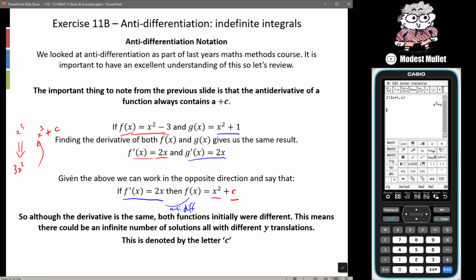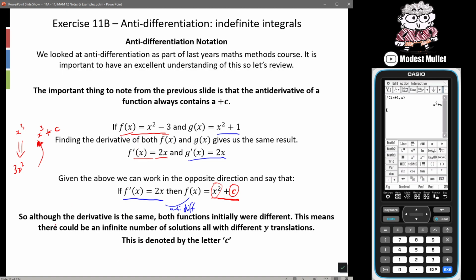We don't know what the original function was when we anti-differentiate. It could have just been x cubed, but it could have been x cubed plus 19. It could have been x cubed minus 33. So whenever we anti-differentiate, we have to put in what we know is going to be there, but also what could have been there as well with this plus c. It's one of the really, really common mistakes that people forget the plus c, and then it runs them into issues.